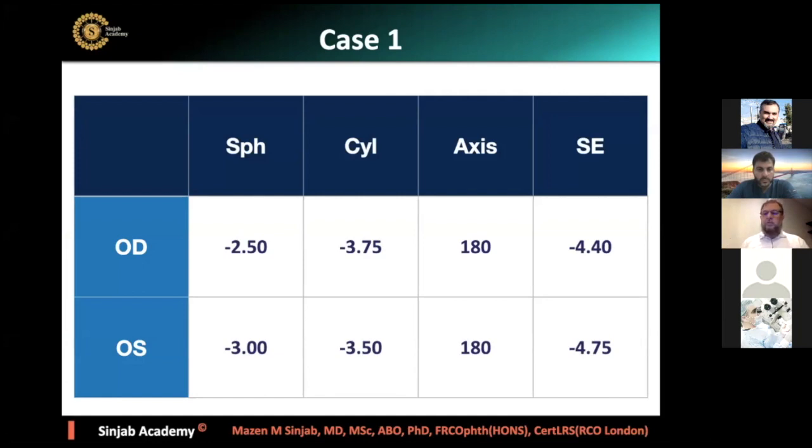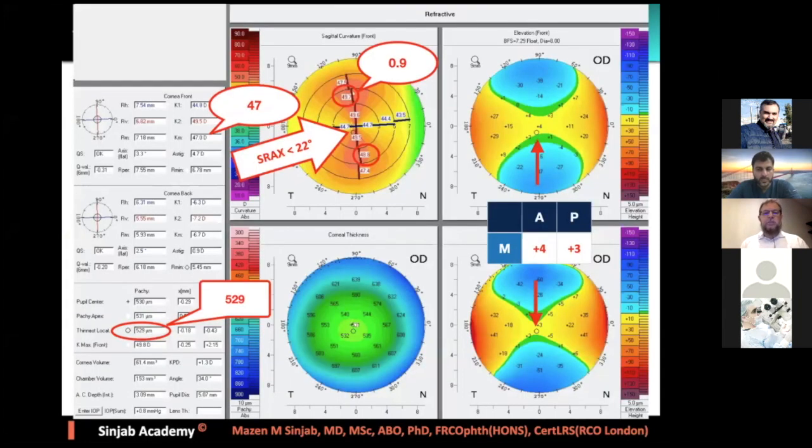In this case, the spherical equivalent is in the minus, as you see in both eyes. And this is the Pentacam. The Pentacam of the patient is very normal, as you see here. The KM is 47. We said that the cutoff value is 48. Now, the difference on the anterior curvature map is 0.9, and the upper one is larger, so it is less than 2.5 diopters. There is no skewed radial axis in the central segments.